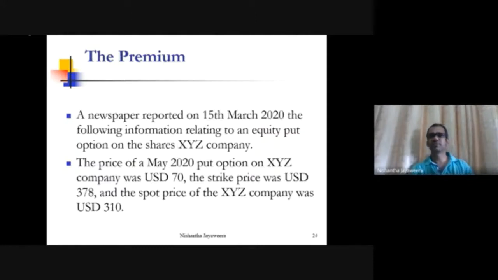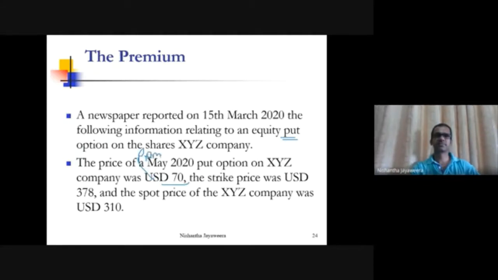This is on a put option. You can try this. So this is the premium. Put option on XYZ was 70.